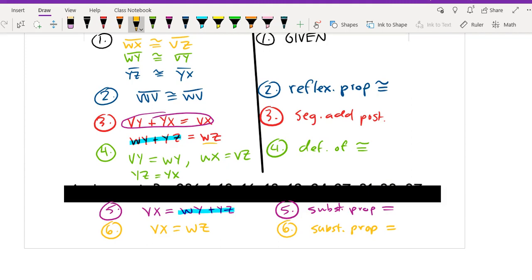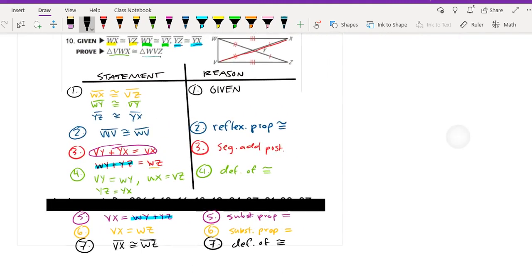So now I've shown that the measures are equal. What does that mean about the segments themselves? If they have equal measure, then VX is congruent to WZ by the definition of congruence. You guys are so smart. I bet you all said that at the same time. The definition of congruence.